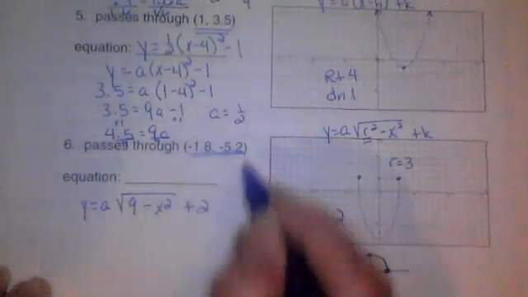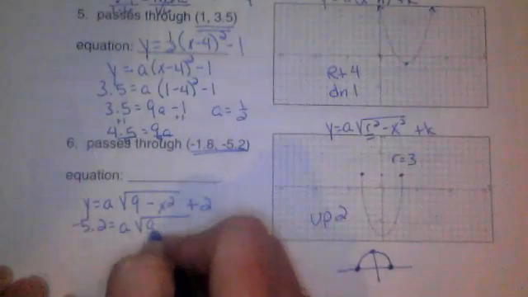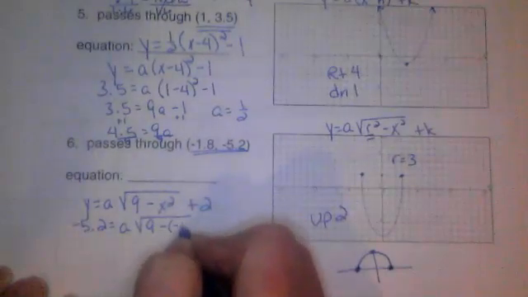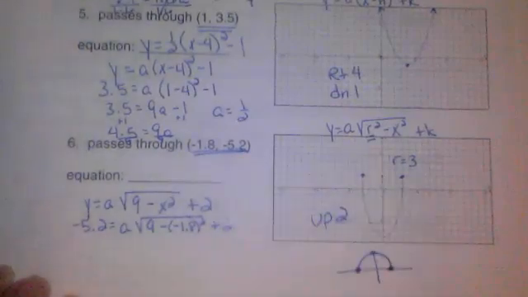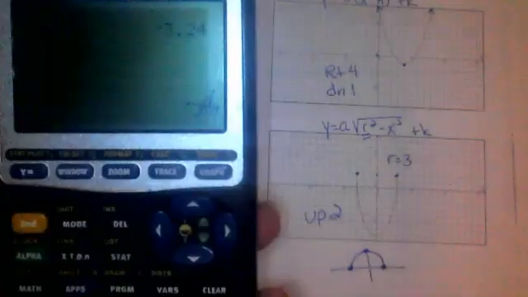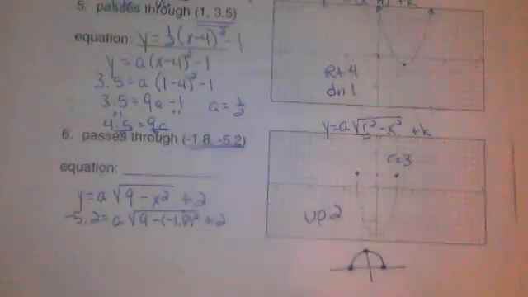All right, now they gave us some really terrible numbers here, but grab that calculator. We're going to put in negative 5.2 equals a times the square root of 9 minus negative 1.8 squared plus 2. All right, so we have negative 1.8 squared is negative 3.24.